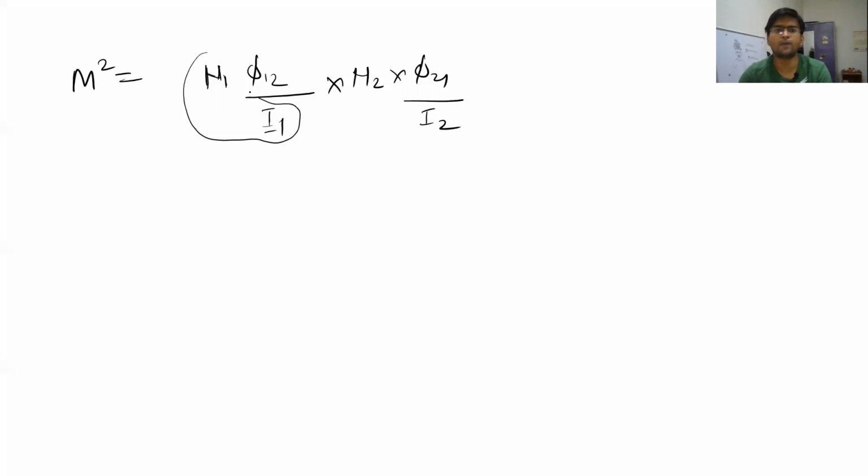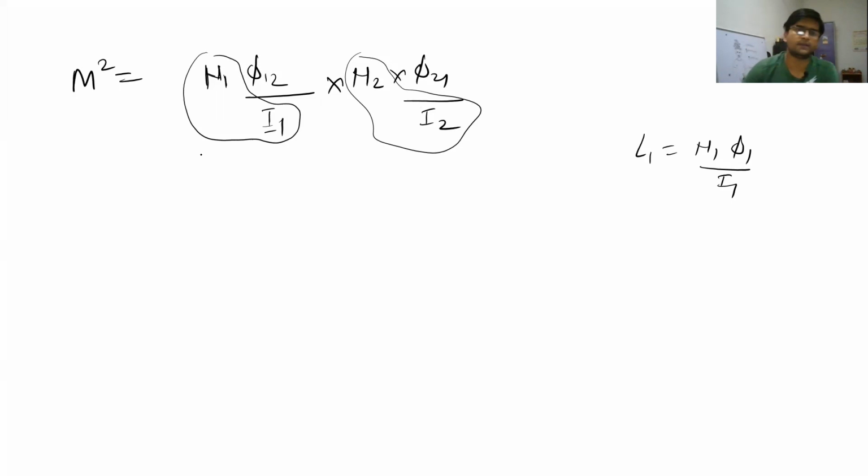This N1 upon I1 you have. So what is the thing that you should multiply in this equation so that it becomes a known form? You know that L1 is equal to N1 phi 1 divided by I1. So you have to multiply phi 1 in the numerator and denominator. Similarly, in the secondary coil, you have to multiply phi 2 in the numerator and denominator.